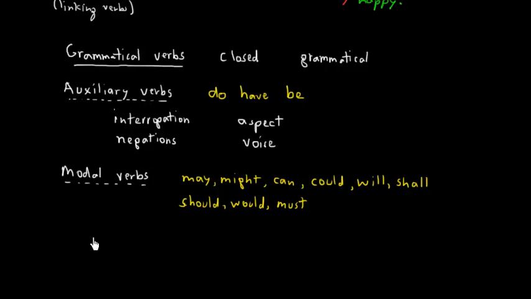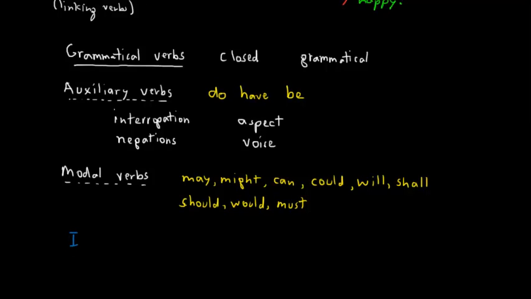Okay, and there are also what are called semimodal verbs, but they are lexical verbs. They have all the features of lexical verbs, but they're sometimes used in some ways the same as a modal verb. Okay, if we talk about modality, we might discuss some of those semimodal verbs.